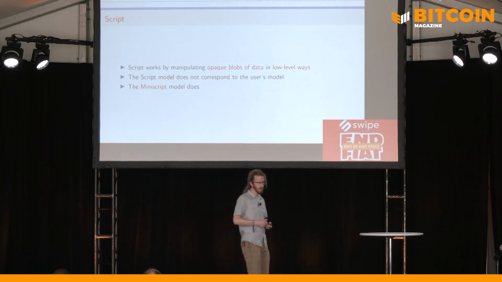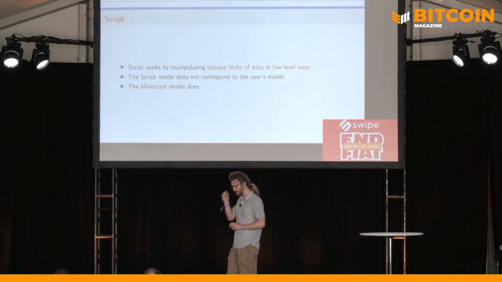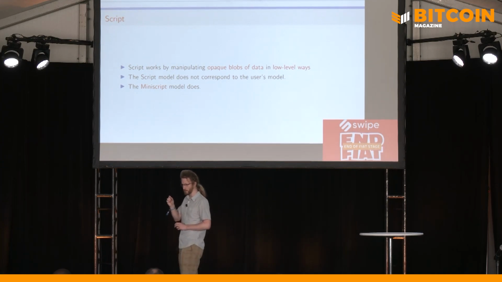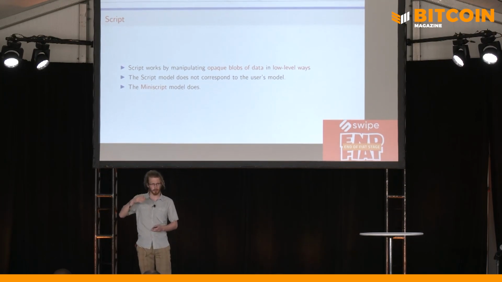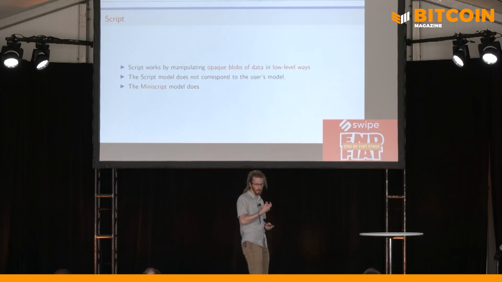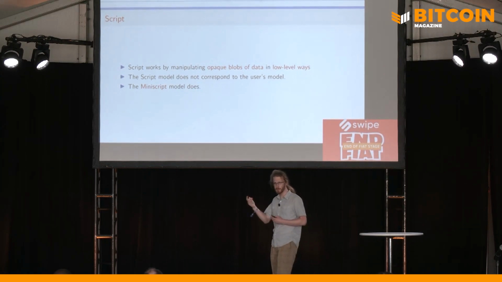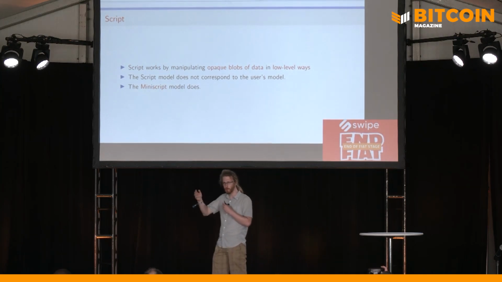So the way the script works, and I'm not going to give you examples of the script, but I'm just going to tell you, it's kind of this assembler-like language. You have these very fixed purpose opcodes that the Bitcoin system executes all in a row. Each one of them manipulates these opaque blobs of data in very low-level ways. So I'm talking about checking signatures, I'm talking about revealing secrets, I'm talking about waiting and stuff.